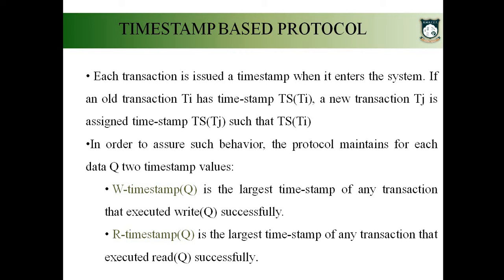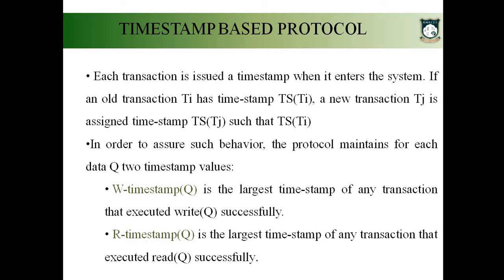Now, in addition to these timestamp values, each data item will have two timestamp values: a read timestamp value and a write timestamp value. So, in addition to the transactions, every transaction will have a timestamp value. What is its purpose?